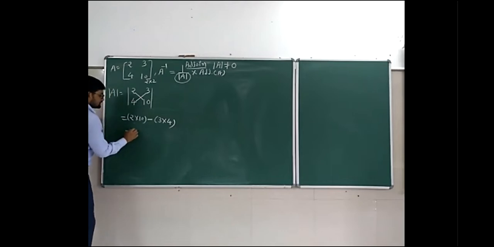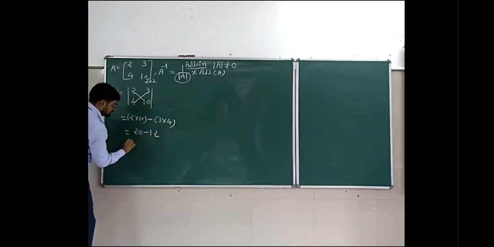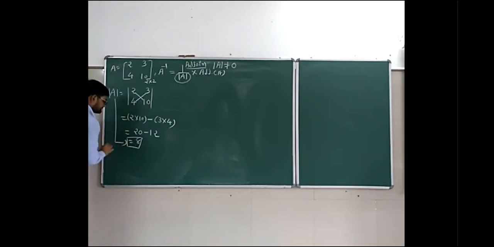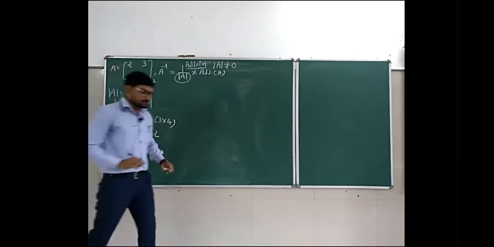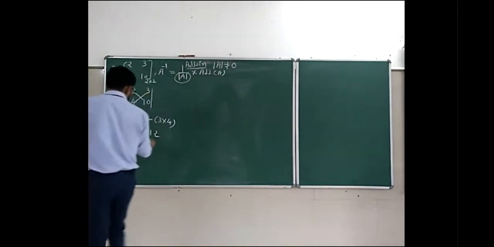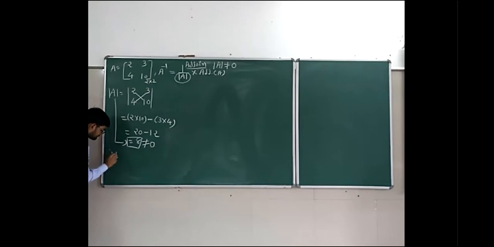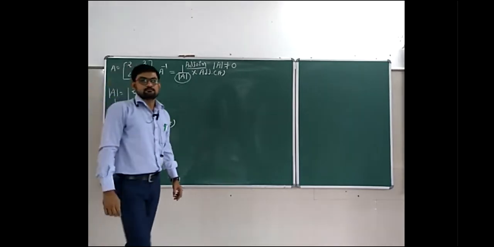So this multiplication is 20, minus the multiplication of this, which is 12, and if you subtract, we get the answer 8. So this 8 is the determinant of A, and 8 is not equal to 0, therefore A inverse exists. That means here we can find A inverse.